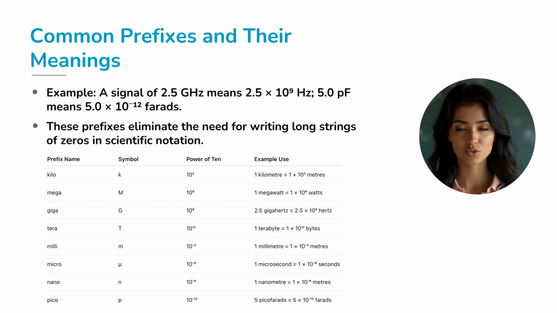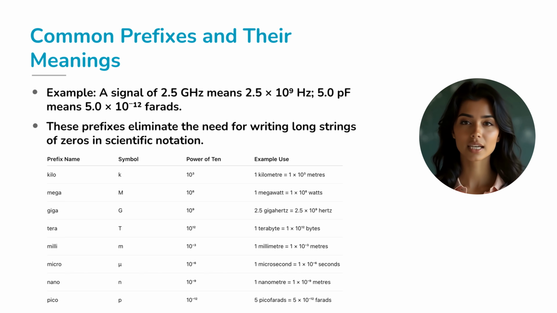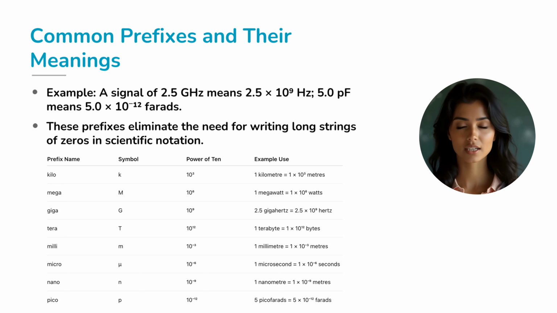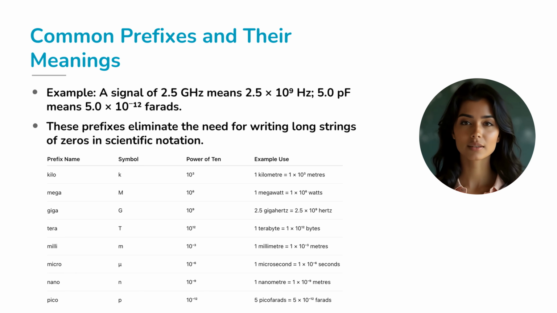For large values, we have kilo, symbol k, which means 10 raised to the power 3. Then mega, symbol M, for 10 raised to the power 6. Giga, symbol G, stands for 10 raised to the power 9, and tera, symbol T, is 10 raised to the power 12. On the other end of the scale, we have milli, symbol m, which means 10 raised to the power minus 3.